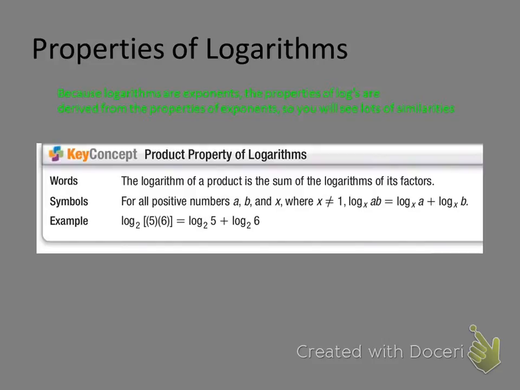The first one's the product property. A little tidbit here: because logarithms are exponents, properties of logs are derived from the properties of exponents, so you're going to see a lot of similarities here. The first similarity is this.